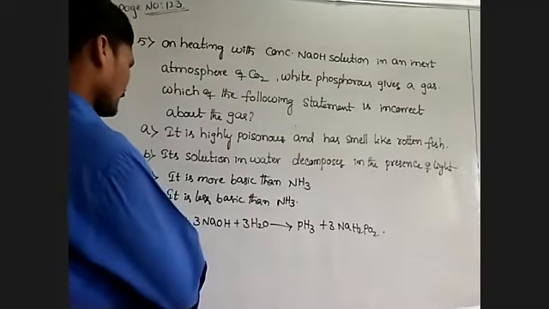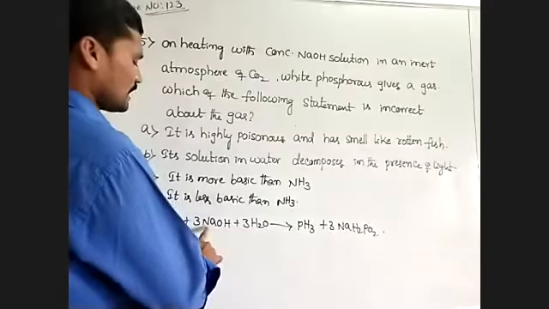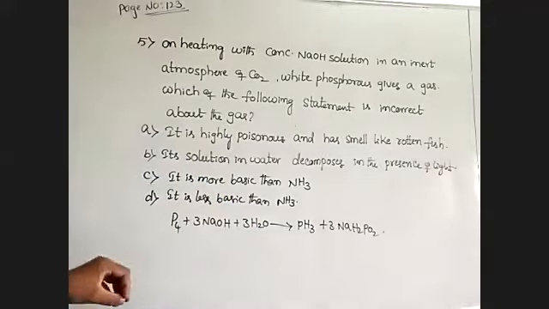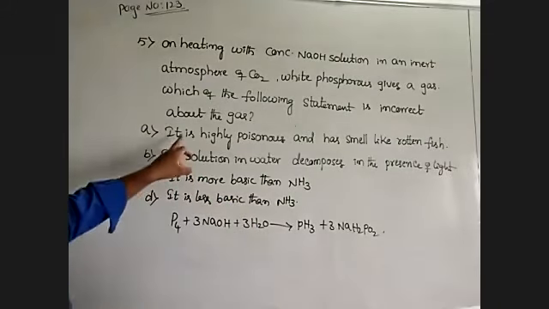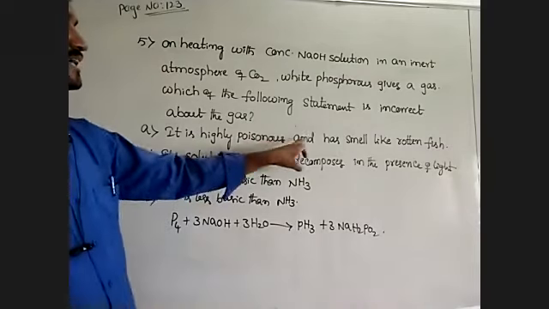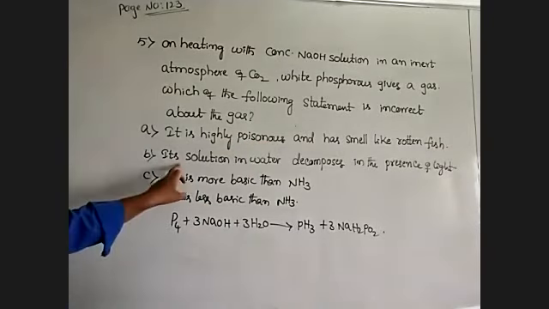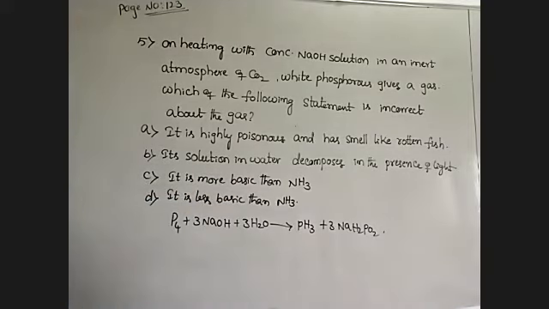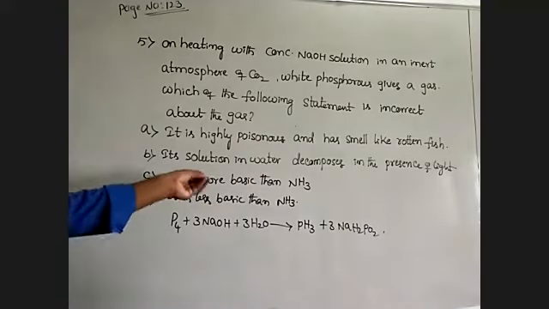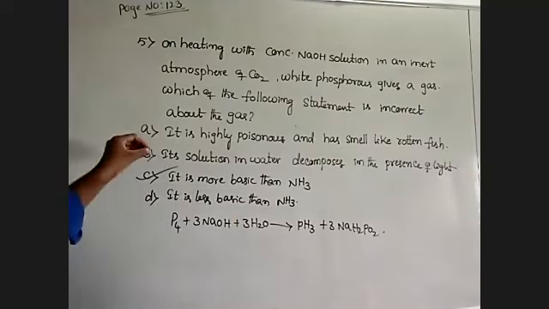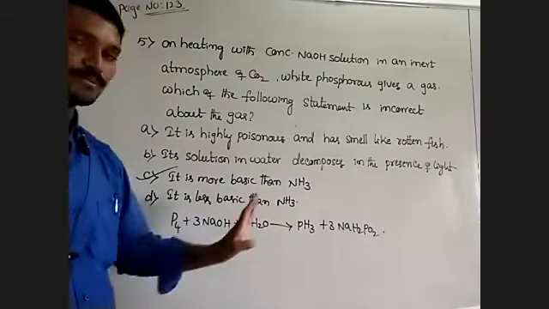When white phosphorus reacts with concentrated NaOH, it forms phosphine gas. This phosphine is highly poisonous and has a smell like rotten fish, so this is correct. Its solution in water decomposes in the presence of light, so this is also correct. It is more basic than ammonia: this is wrong, that is the incorrect statement about phosphine.